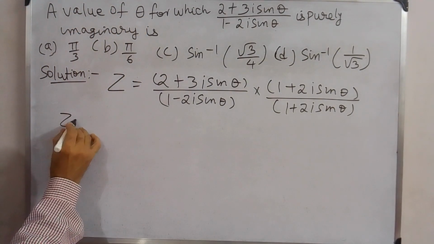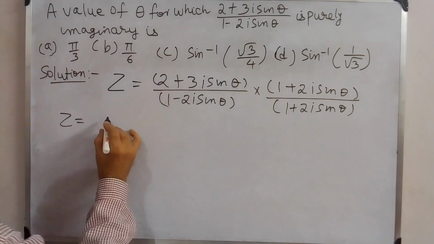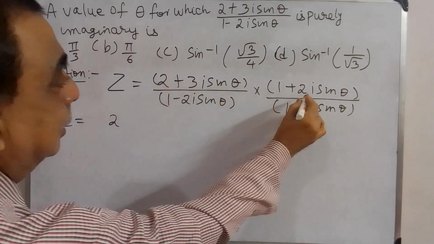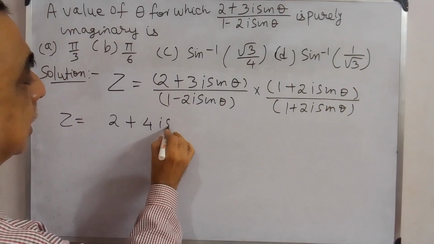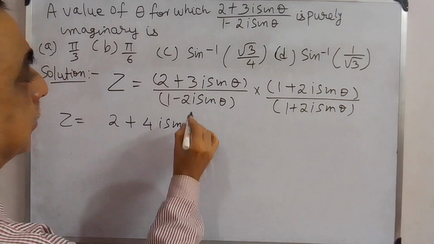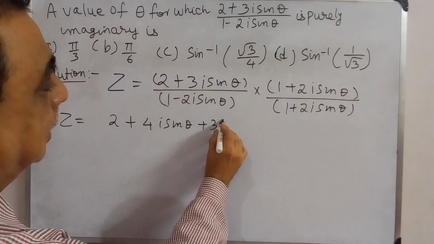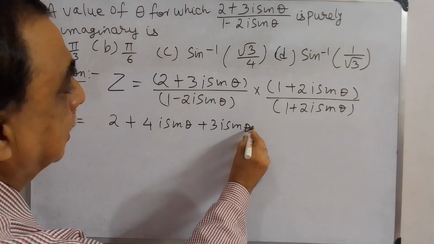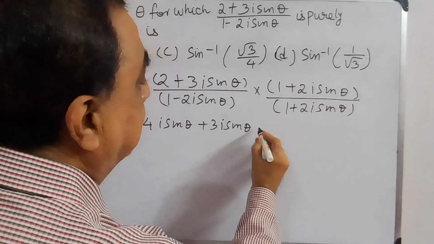So z will become what? Now multiply: 2 into 1 is 2, 2 into 2i sin theta is 4i sin theta, and 3i sin theta into 1 is 3i sin theta, and then 3i sin theta into 2i sin theta.